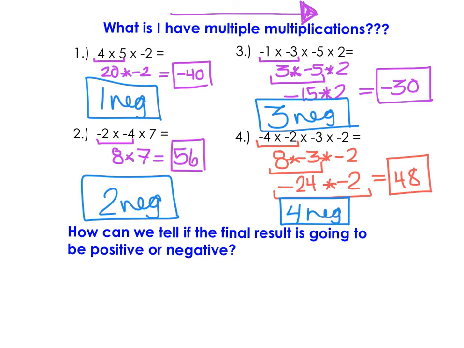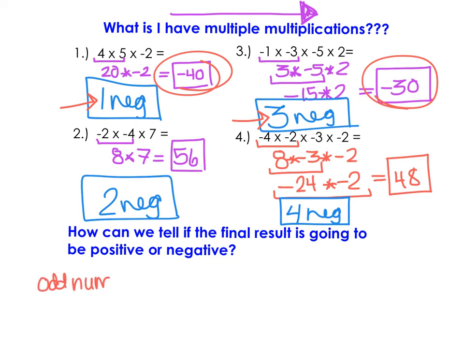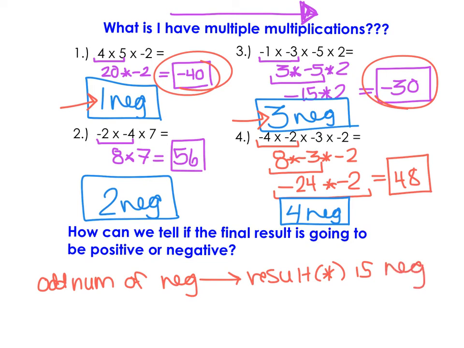And it all has to do with looking at how many negatives are contained in the problem. So if you look closely here, when you have an odd number of negatives, like 1 or 3, the result is negative. So if you have an odd number of negatives in the problem, the result, if you're multiplying, I'll put that in parentheses, is also going to be negative.